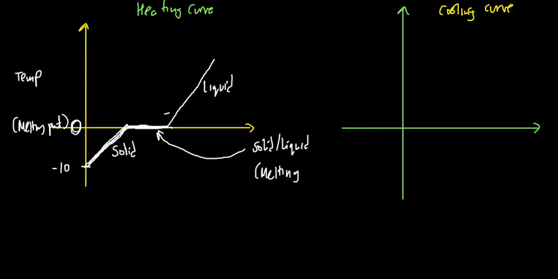So when every solid has melted into the liquid, the temperature will start rising. For water, when you reach 100 degrees, the temperature will stop rising anymore. So it levels off. At this point, you have started converting your liquid into a gas. When all the liquid has been converted into a gas, then you have your gas.